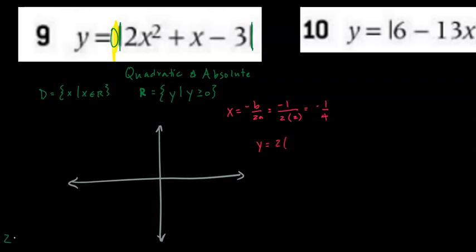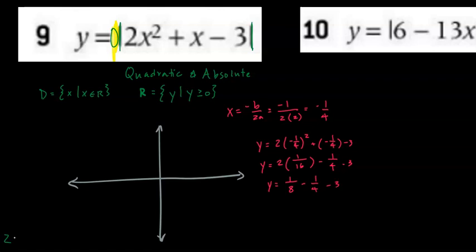So 2 times negative 1/4 squared plus negative 1/4 minus 3. Y equals 2 times 1 over 16 minus 1 over 4 minus 3. So that is y equals 1 over 8 minus 1 over 4 minus 3.